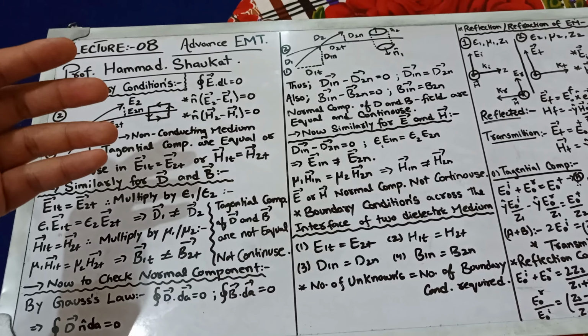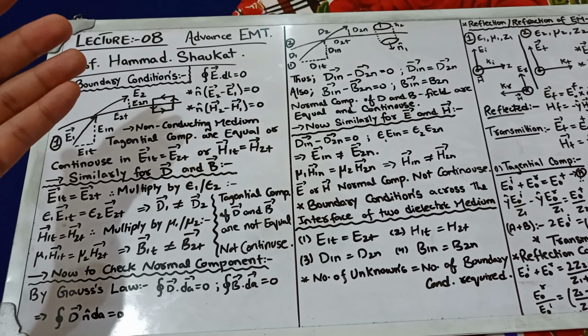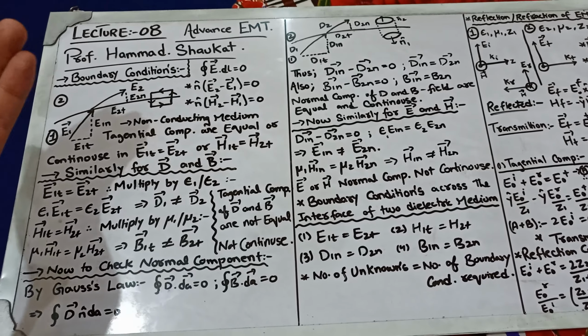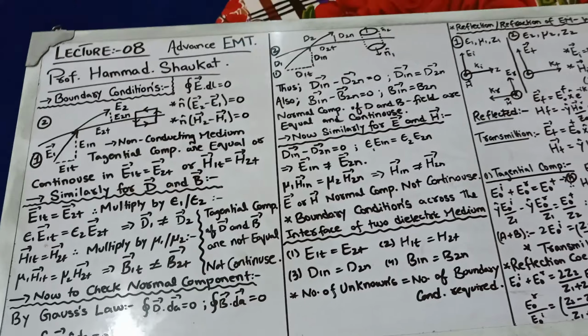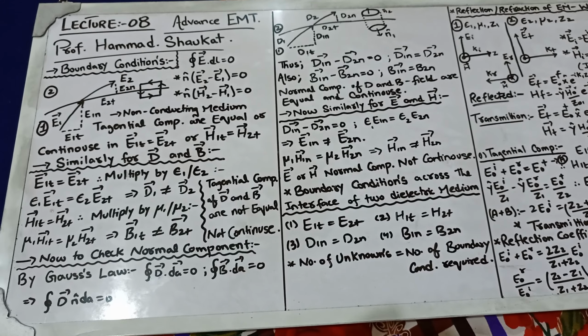Now let's check the normal components of all these, like E, H, D and B. To check normal components, we use Gauss's law.